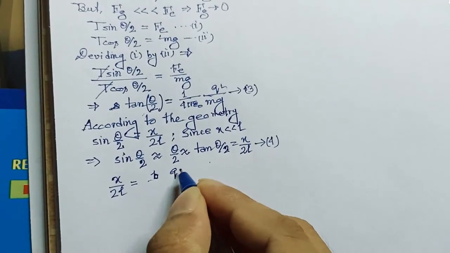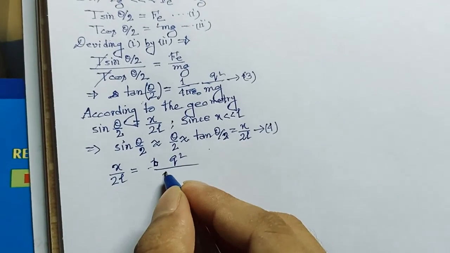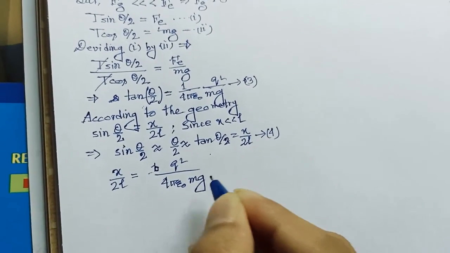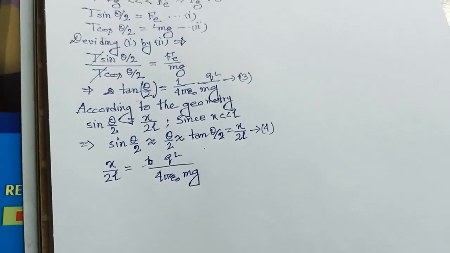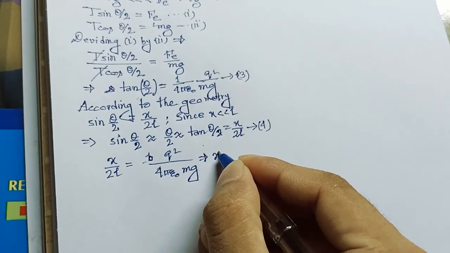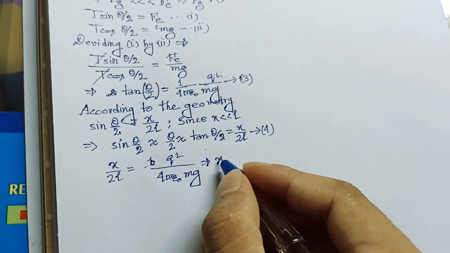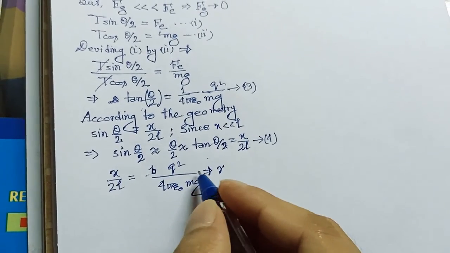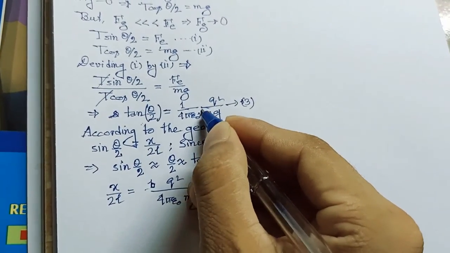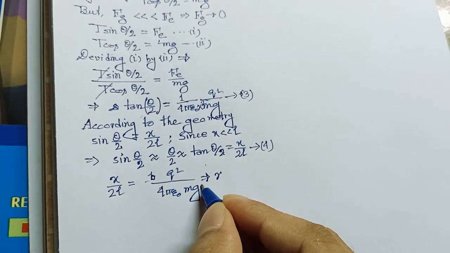q square divided by 4 pi epsilon naught mg. From this equation we can write x cube, and there is x square also, mg x square is there.